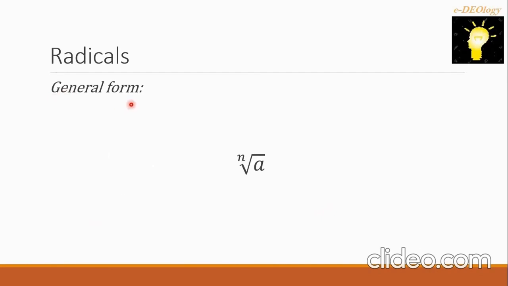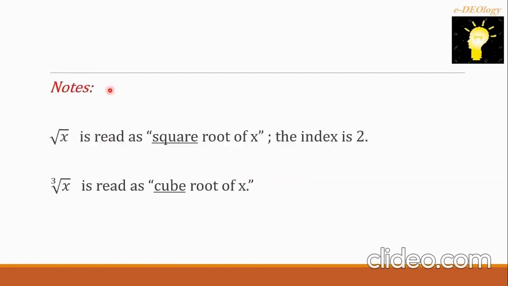On the general form, radicals will come like this. The small number n is called the index, the a is called the radicand, and this symbol like a division box is the radical sign. We have some notes here.